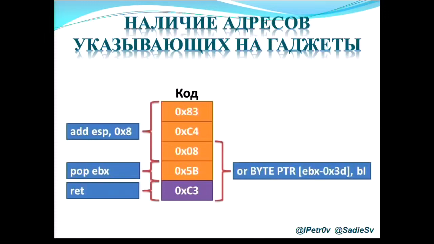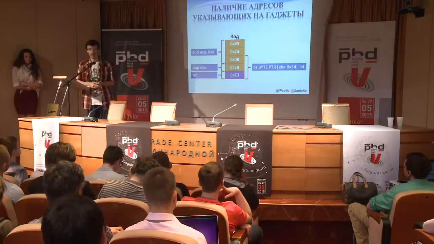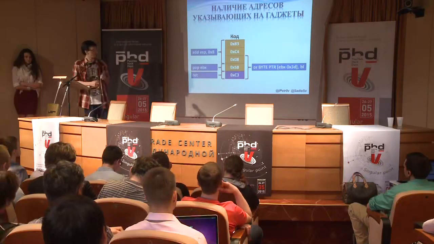The next static sign is the availability of addresses which point to certain code gadgets. And I will repeat that a code gadget is a certain sequence of instructions of a vulnerable process, ended by a certain transition construction which can be controlled by the attacker. For this they use a return instruction, ret.